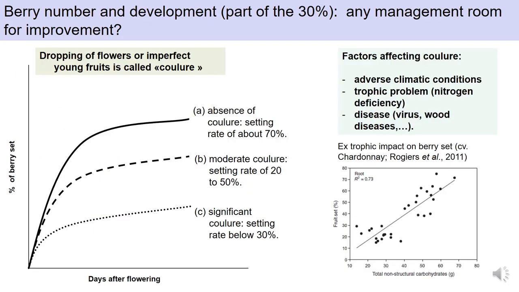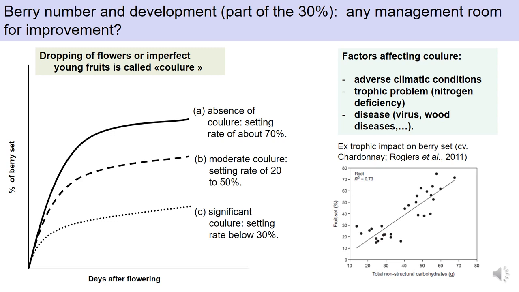So, as you know, during flowering and during the fecundation period, it's possible to get what we call coulure and millerandage in French, which will result in the drop of flowers or young berries.